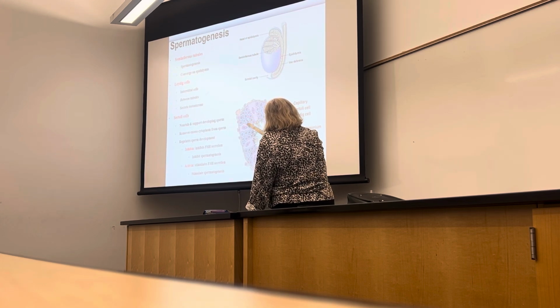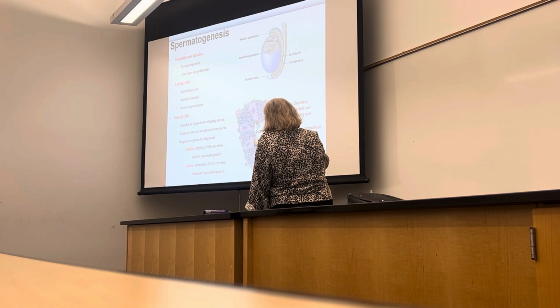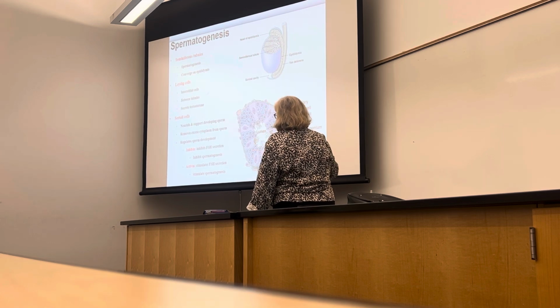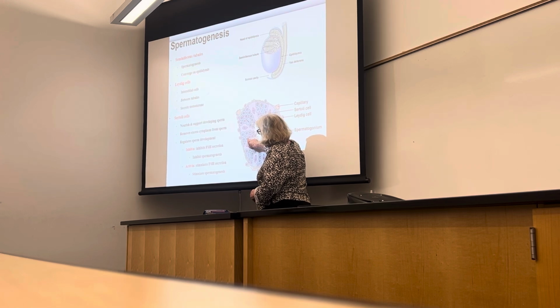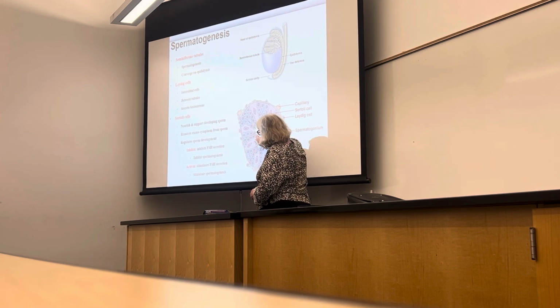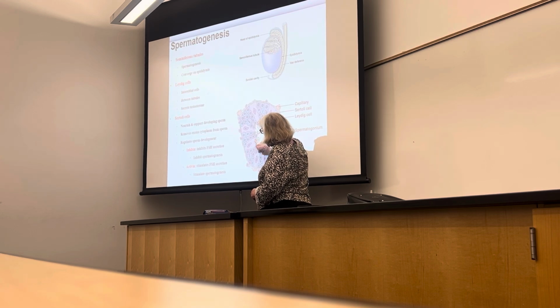They produce a lot of different compounds that help maturation of the sperm. They also work on removing the excess cytoplasm from the sperm, because you can see how different the mature sperm is from the progenitor cells, right? There's so much more cytoplasm here and so much less cytoplasm here.